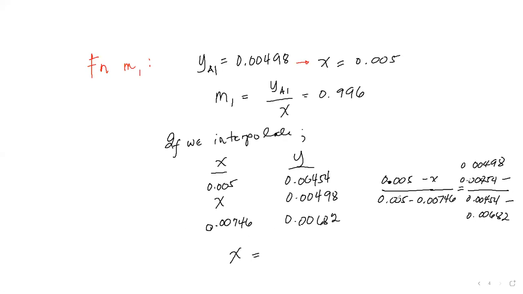The X that you will be getting if you have interpolated would be 0.00453. In this part, you will be getting an M value then.